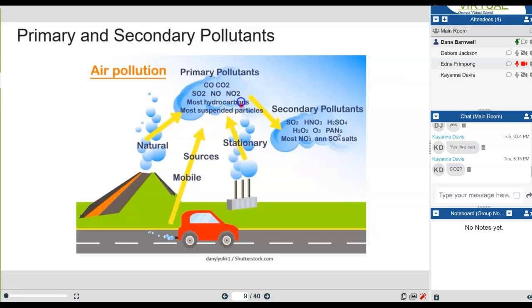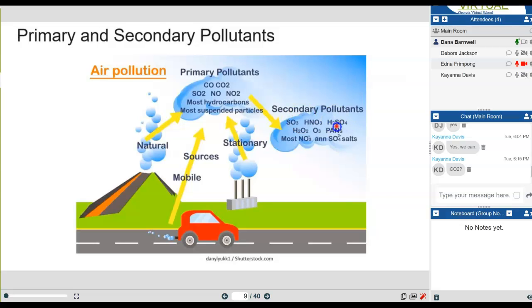Again, these guys are then going to go through some sort of chemical reaction, and from there I'll use the example of sulfur dioxide. Sulfur dioxide is going to react with the oxygen in the air. Remember that 21% we mentioned earlier? And it's going to combine to form sulfur trioxide. And then what's going to happen is that sulfur trioxide is going to react with moisture in the air, and it's going to form sulfuric acid.